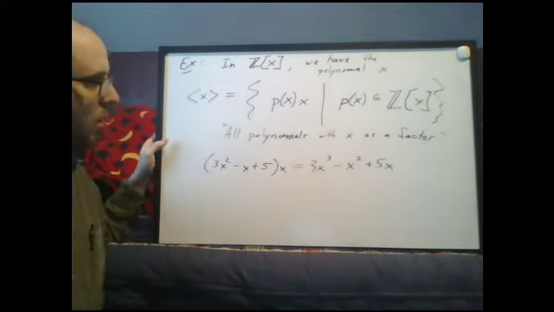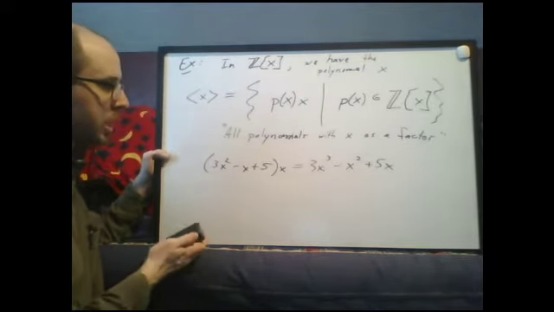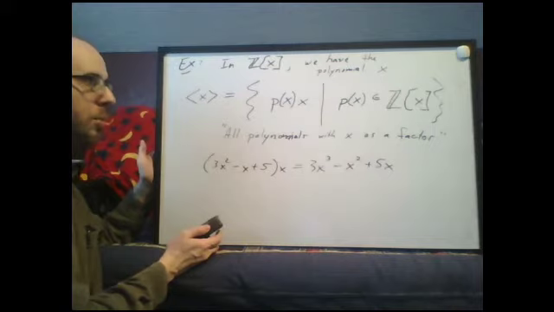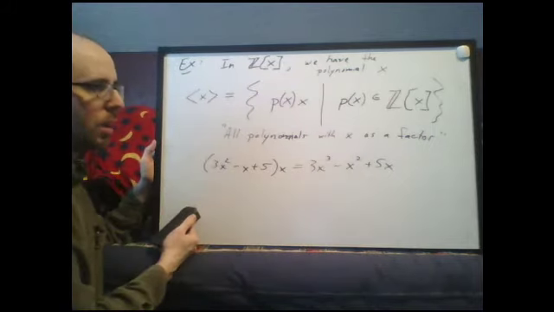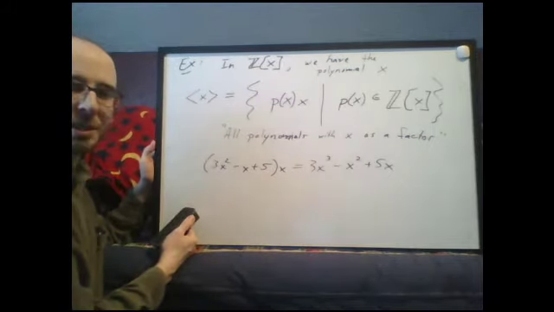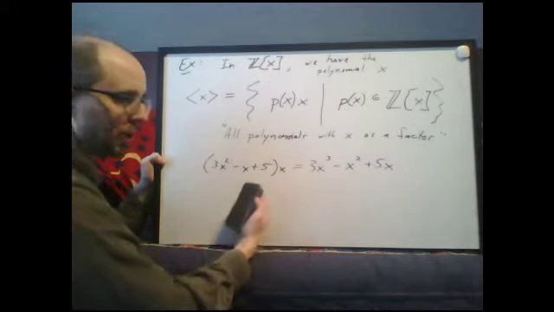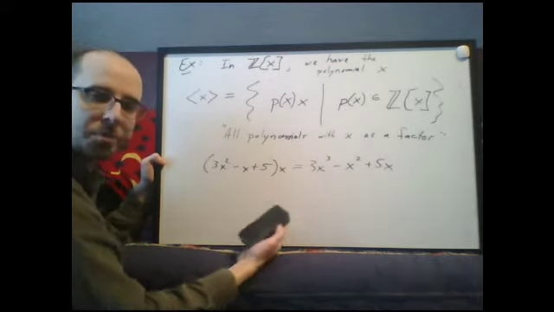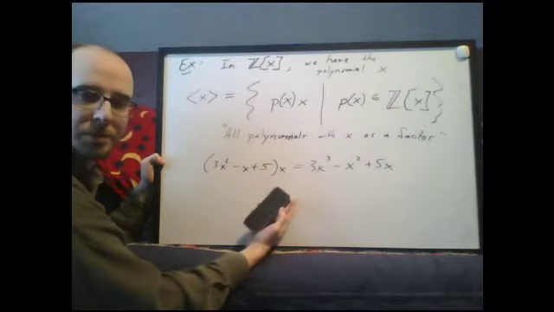Okay, so another way I could say it is these are polynomials in my polynomial ring that have 0 as a root. So if I can factor out an x, that means if I plug in 0 for x, this whole thing becomes 0.